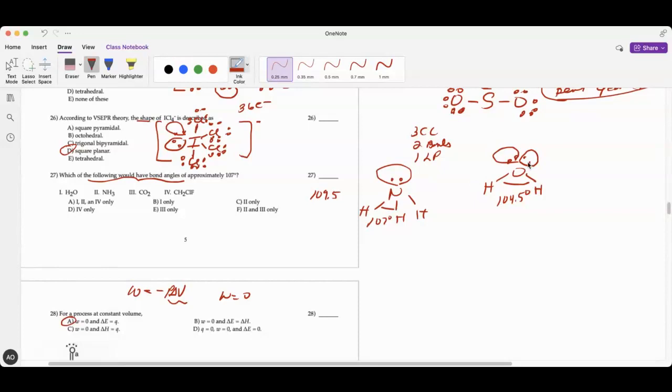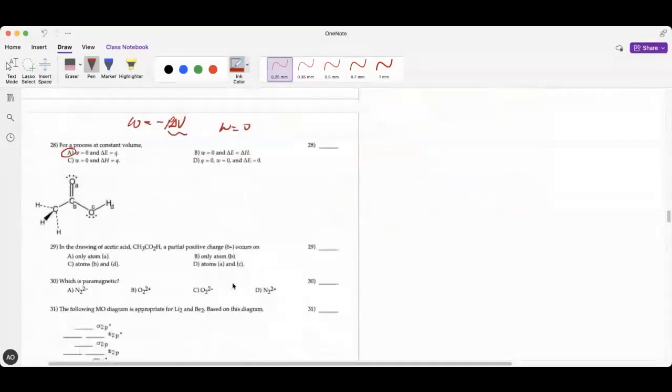And then I showed water that has 2 lone pairs that compresses this bond angle even more, actually down to 104.5 degrees. So it's definitely the ammonia. The answer there would be C. I forgot to circle that.